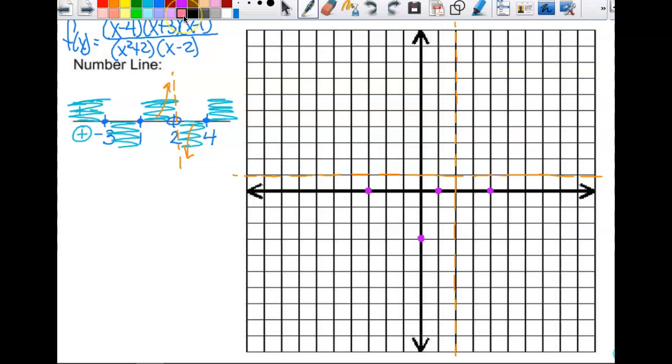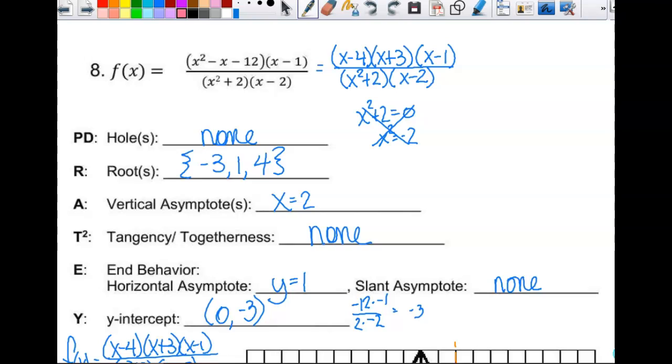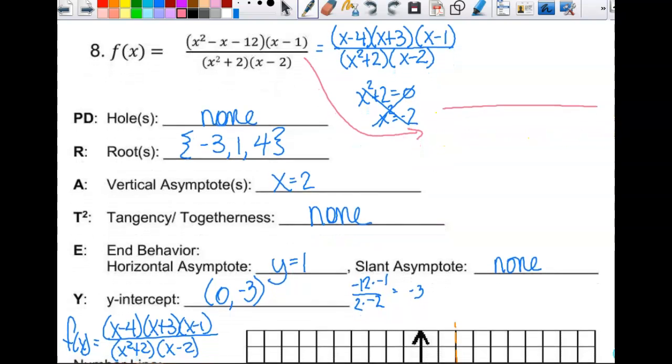So I'm going to take my original, well, I didn't cancel anything out, but I don't really have an original completely unfactored form, so I'm going to have to multiply this stuff back together. So to multiply, I'll start with this one. My numerator is going to be, if I take that x and distribute it, I'll get x cubed minus x squared minus 12x. Distribute my -1, negative x squared plus x plus 12.